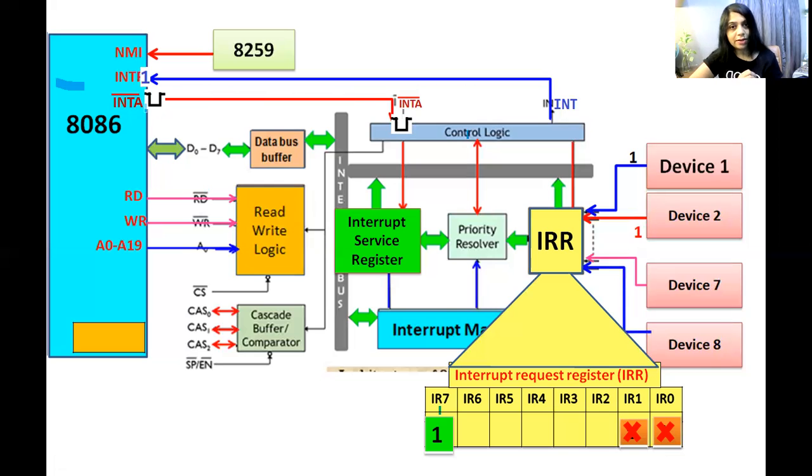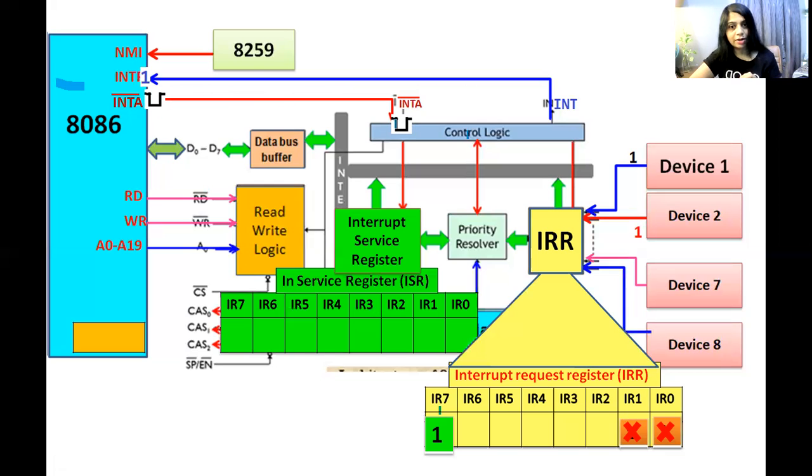When 8259 receives this pulse on the INTA bar pin, it first sets the in-service register. It will set this IR7 bit, indicating that the interrupt on IR7 is in process. This bit 1 indicates that the interrupt received from device 8 on IR7 is in process.